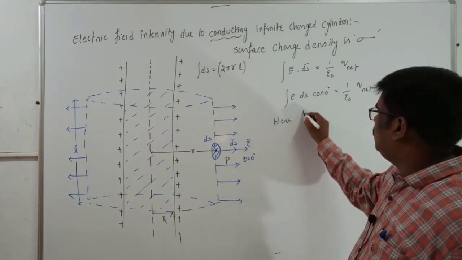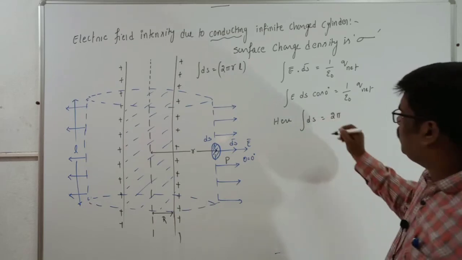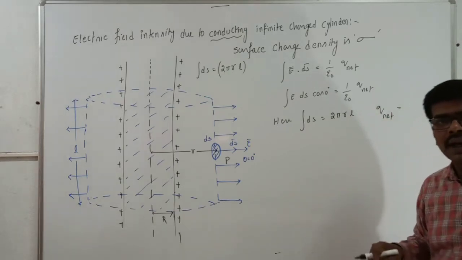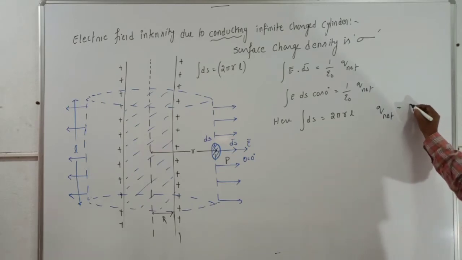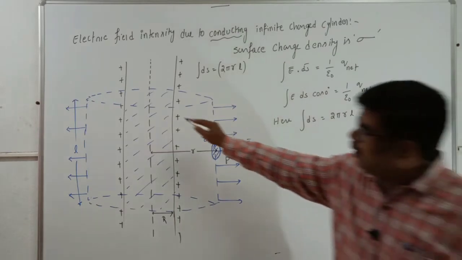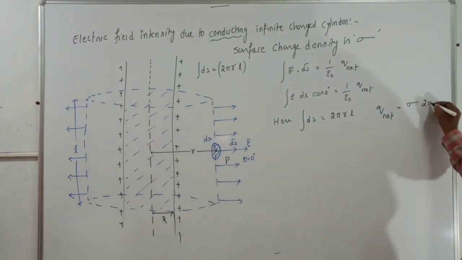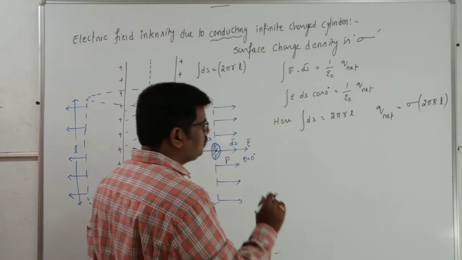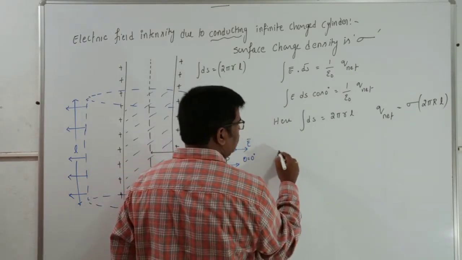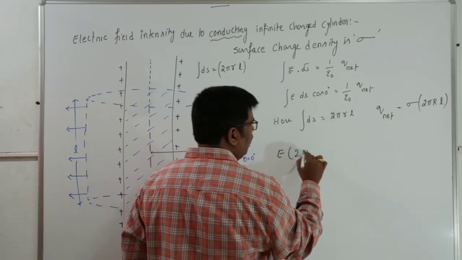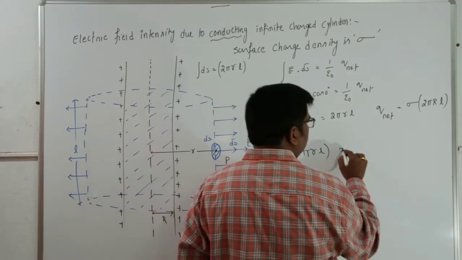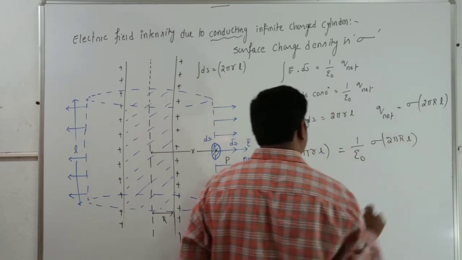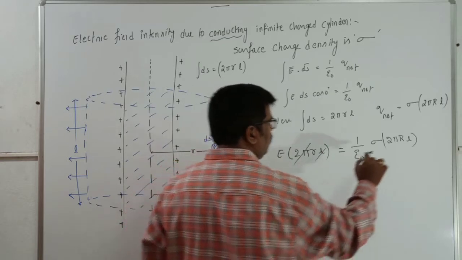Here integral ds means the area of the Gaussian surface, 2 pi r L, and the net charge enclosed is the surface charge density into the area of this part, 2 pi R into L. If you substitute these in the expression, E times 2 pi r L equals 1 by epsilon naught times q net, where q net is sigma into 2 pi capital R into L. Then we cancel L as well as 2 pi on both sides.